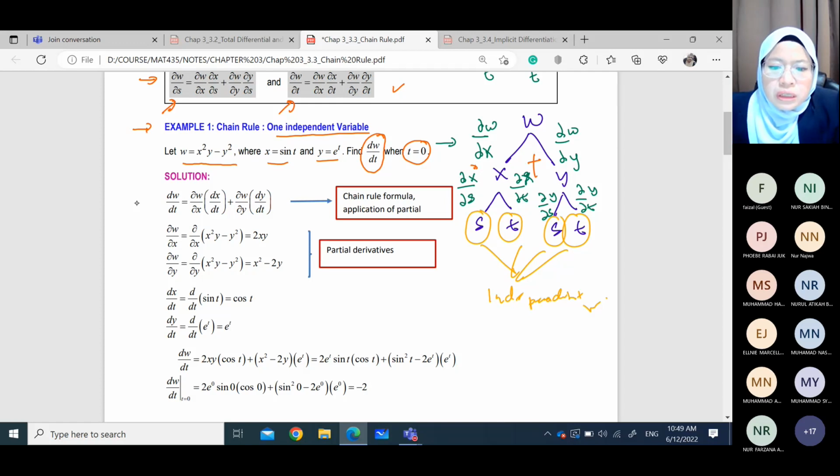First of all, we need to identify the formula.